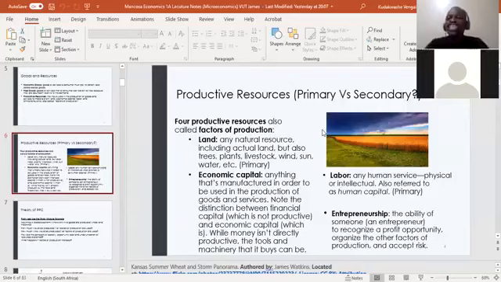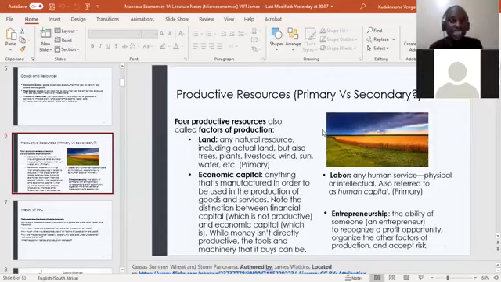If the assistance comes in the form of a tractor, that tractor is called economic capital. If it comes in the form of a combine harvester at a farm, that is economic capital. If it comes in the form of a delivery truck for a company that does warehousing, that delivery truck is now considered what? Economic capital. So economic capital is anything that is manufactured that aids in production.